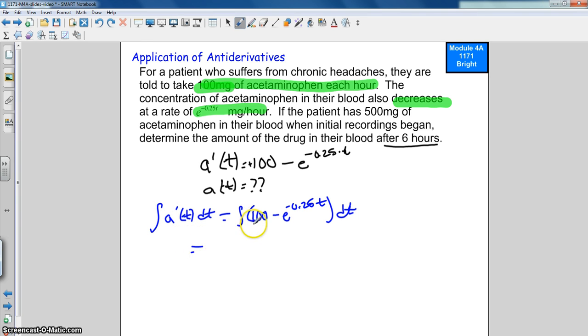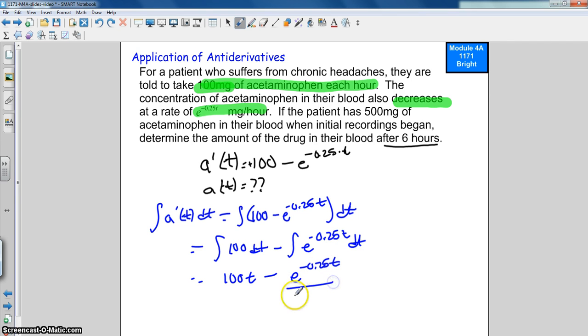Okay, and going ahead and computing that, I'll have to break it up using the sum and difference property. And so this will be e to the minus 0.25 t dt, and so this is going to be 100t minus, and now this is going to be e to the minus 0.25 t divided by negative 0.25, and then I have to also remember my constant, and remember that this is all equal to A of t.